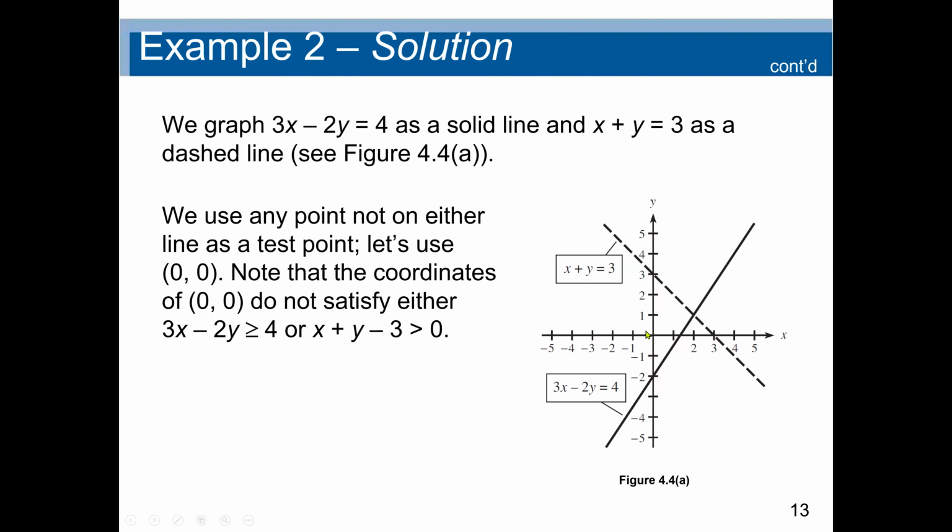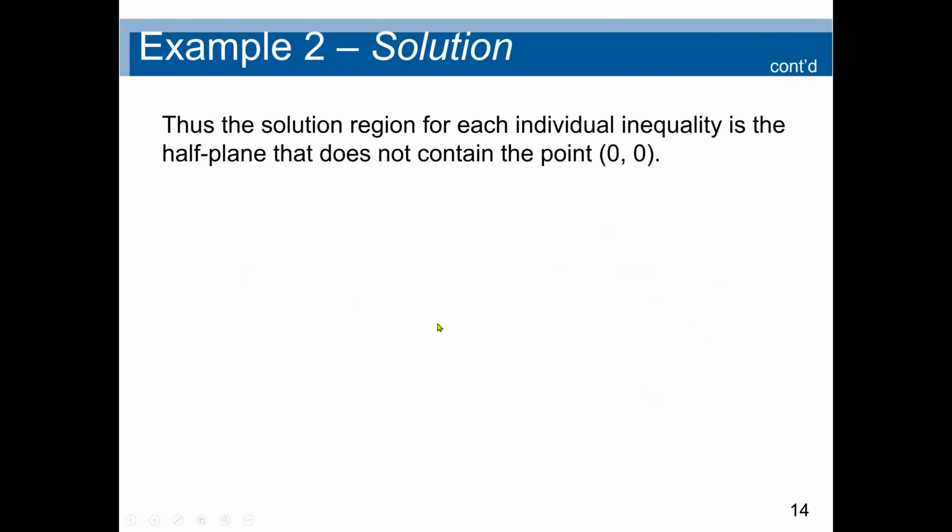So we go to this region, and we can take any point. Let's say we take a point here, it will be 4 and 1. So we can use 4 and 1, or any point. The solution region for each individual inequality is the half plane that does not contain the point 0, 0.